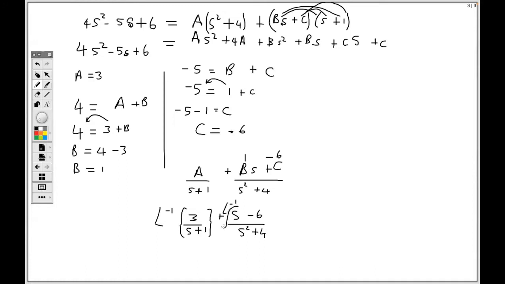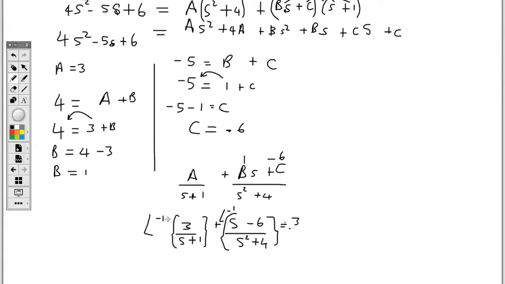So the next step is to find the inverse Laplace transform of each of these by identifying which function I will be using, and that is a function of t when I find the inverse Laplace transform. So factoring out the 3, I have 3 on the outside, and finding the inverse Laplace transform of 1 over s plus 1. And for the next part, where I have s minus 6 over s squared plus 4, I'll be splitting this up.